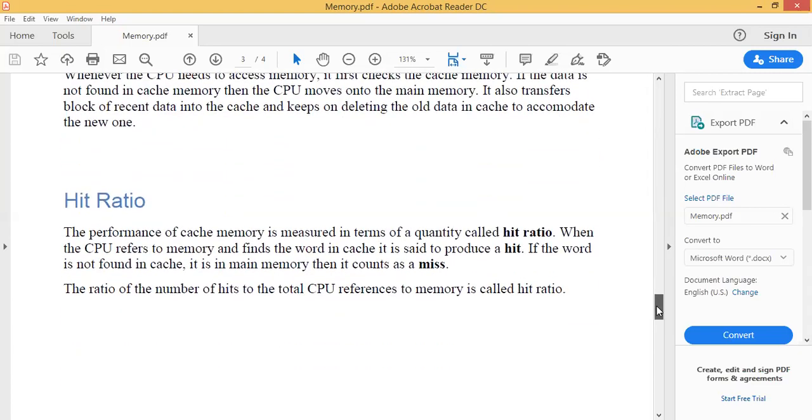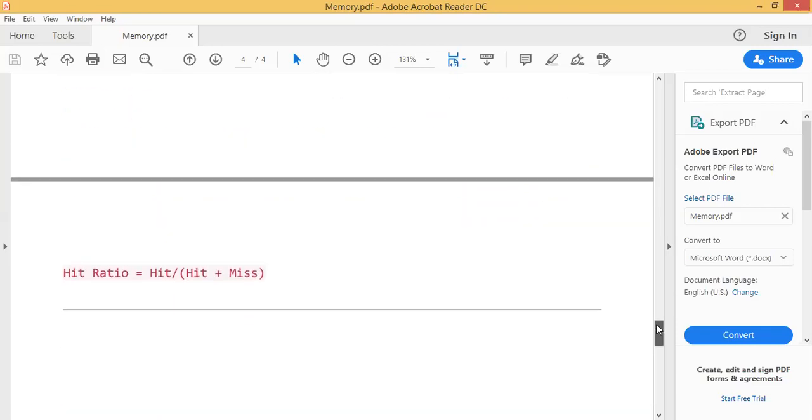The ratio of the number of hits to the total CPU references to memory is called hit ratio. So we can describe it in a single line: hit ratio equals hits divided by total references.